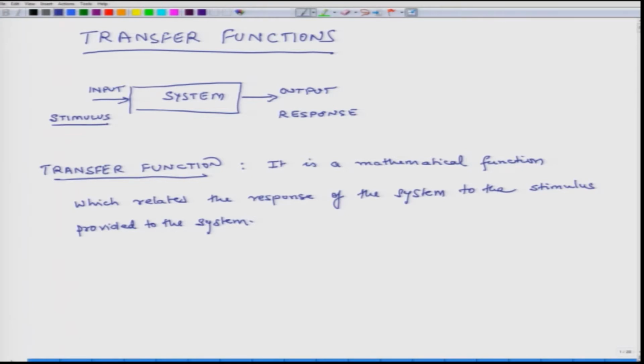And at least in the context of this course, we will talk about transfer functions. So, it is a mathematical function which relates the response of the system to the stimulus provided to the system, and this we will do.